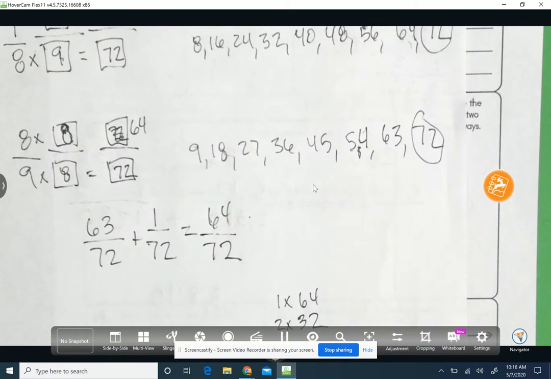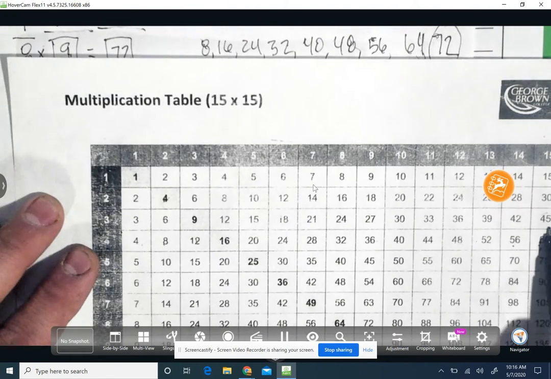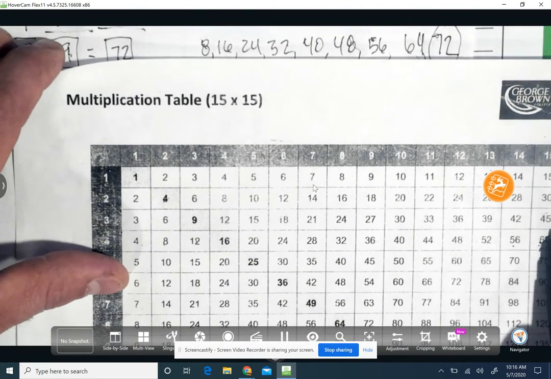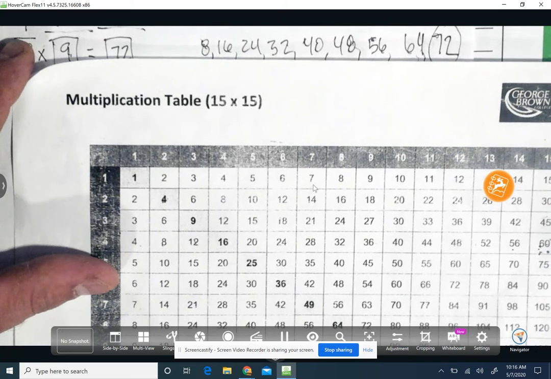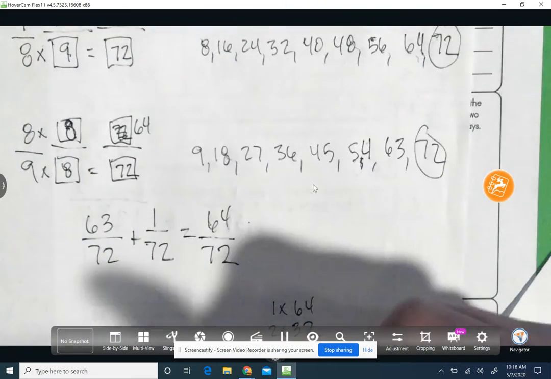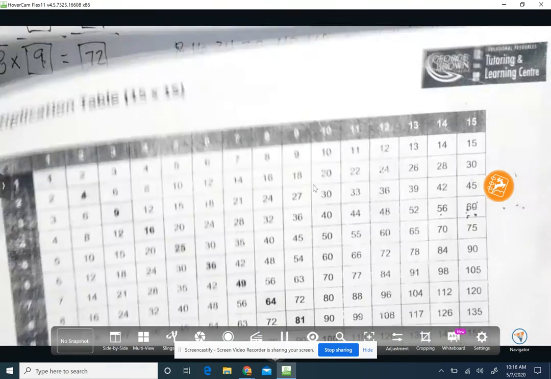Well, to find that out, we could use our multiplication table. Let's see, 3: we get to 45, plus 15 more is going to be 60. Then 60, no, doesn't work. 8 times 8. Let's look at 4.